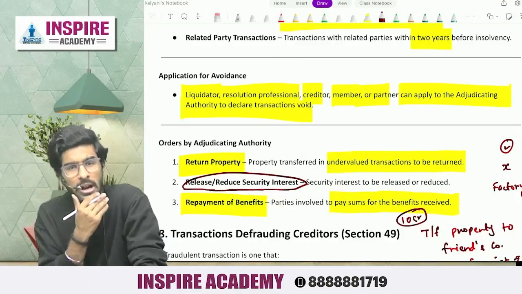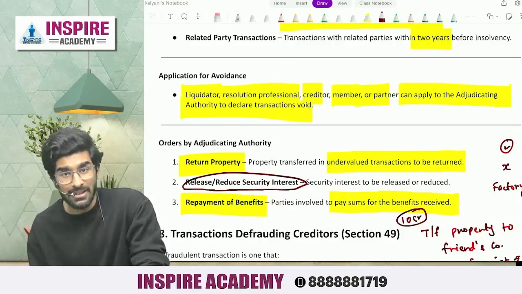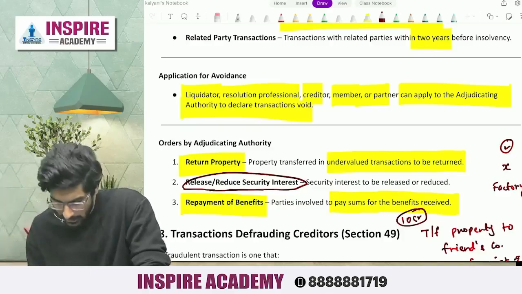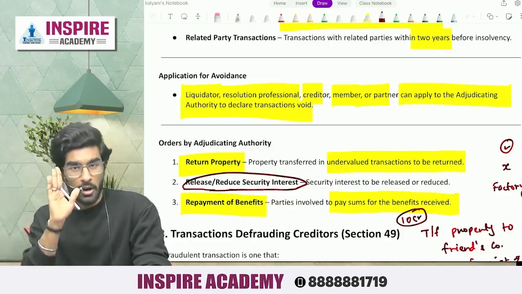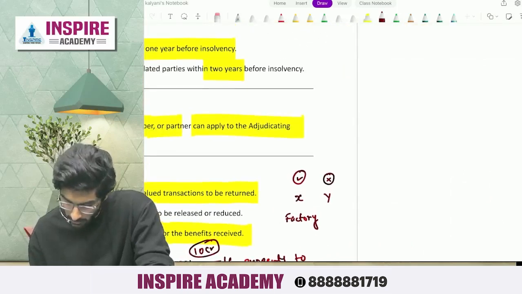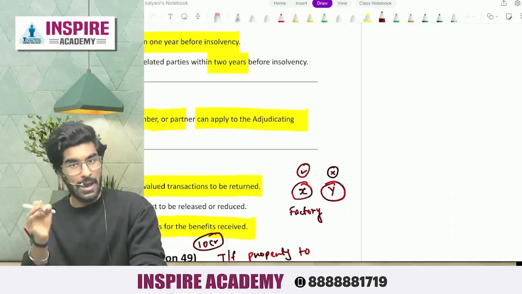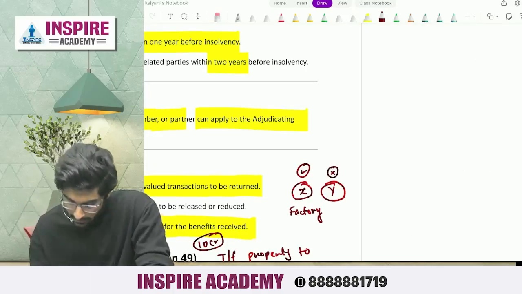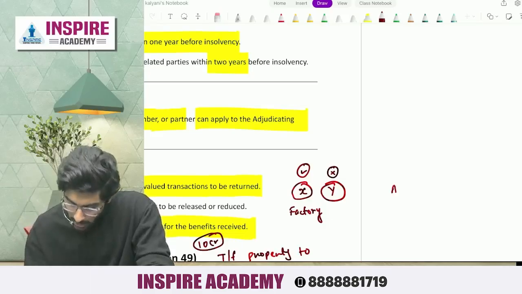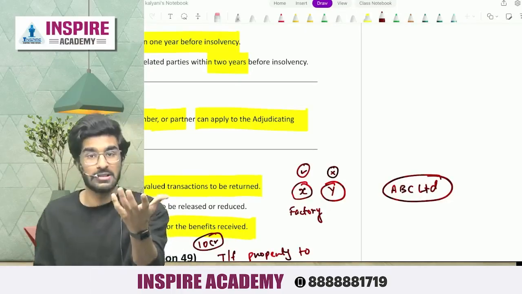Sir, but security interest was not created at all. We were talking about selling the asset at a far less price. Then how is security interest created? Now people, listen to me very, very carefully. If X and Y are creditors, and you are the corporate debtor, you have given your factory as a security.